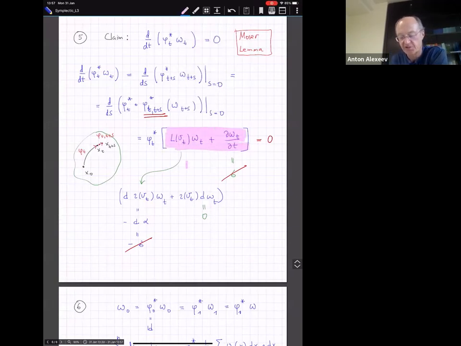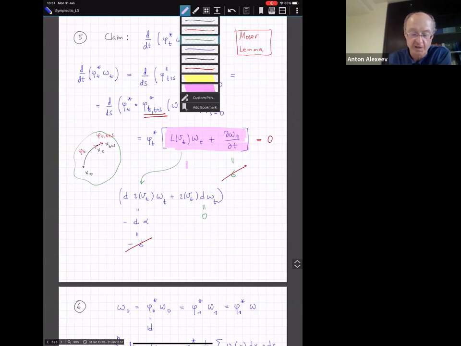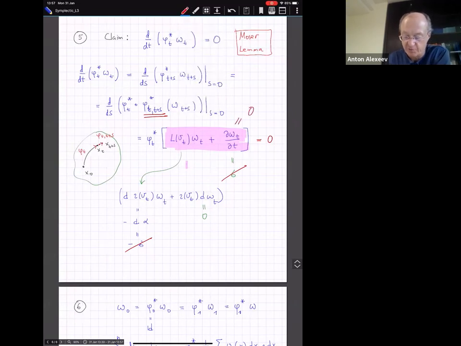So there is this thing under phi t, and this is equal to 0. This sum basically says that the vector field Vt is transforming omega t by changing t. So the t derivative is equal to the Vt derivative.